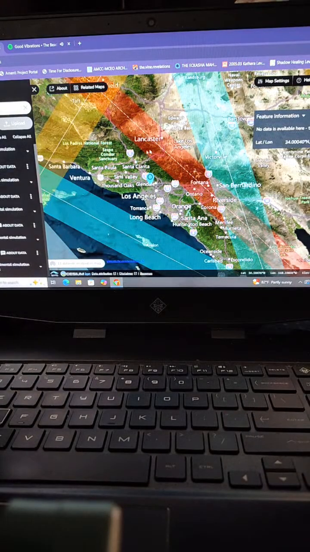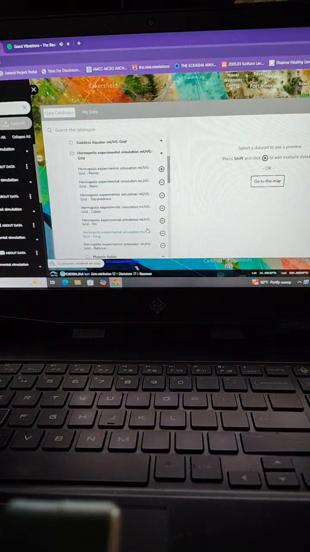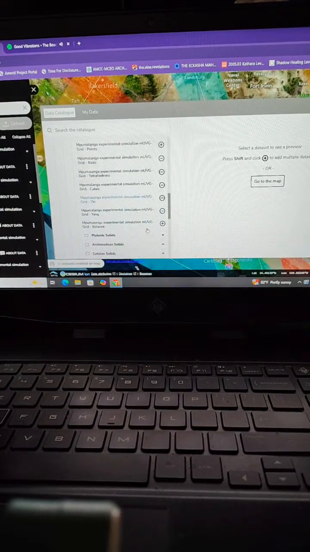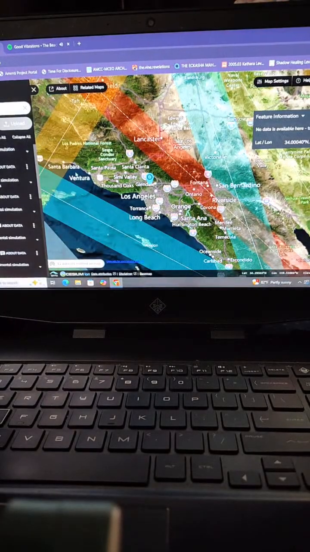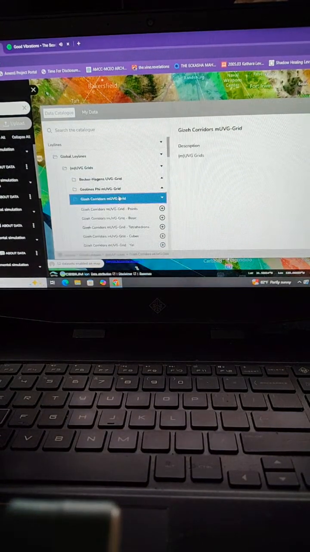Tetrahedron. Ooh, that was close. That's the closest one so far. The balance line. Nope. It's not on that grid line either. All right, let's try the Giza.